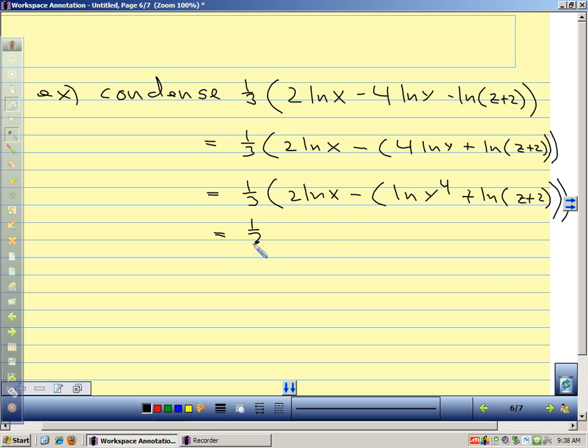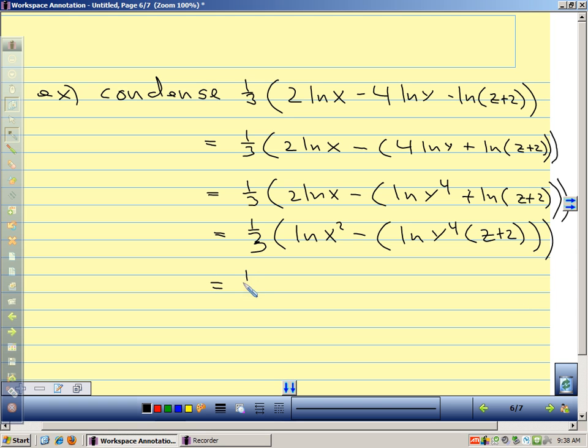Now I can write 1/3. What can I do with this natural log? Natural log of x squared minus, inside my parentheses, I have these two added. So what does that tell me I can do? Multiply. So that's natural log of y to the 4th times z plus 2.